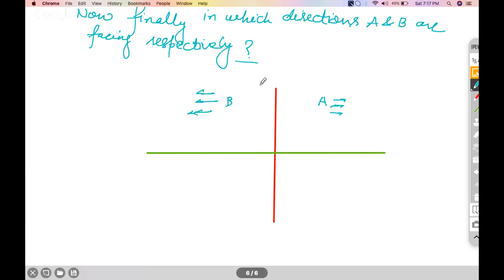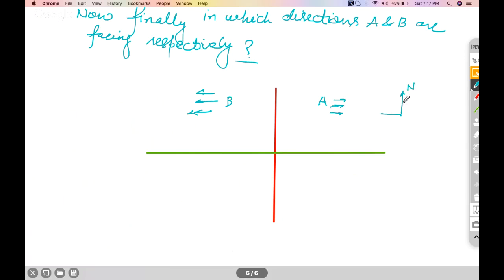If I do it for one, automatically the other one would be opposite because they are taking the same kind of turn. The first turn is left. So if the first turn is left, from east they'll start facing north.